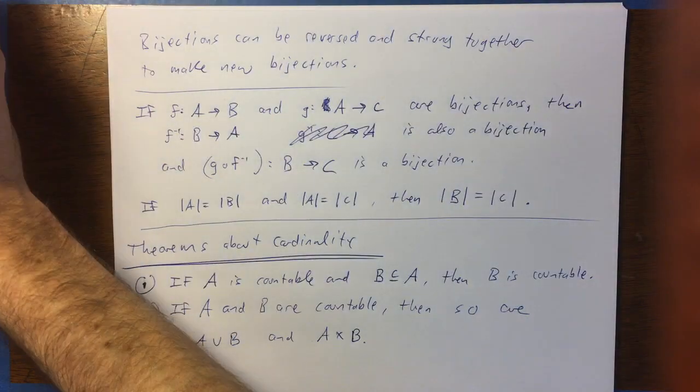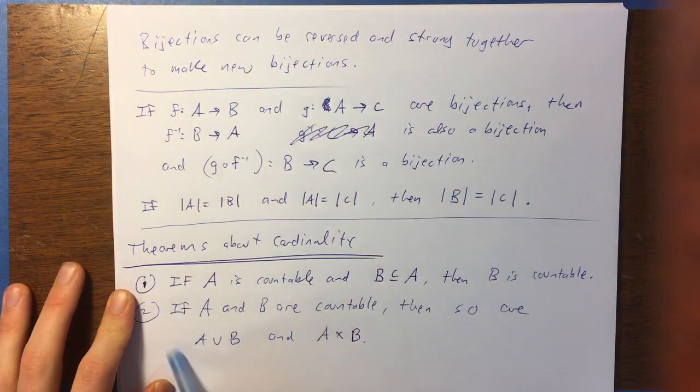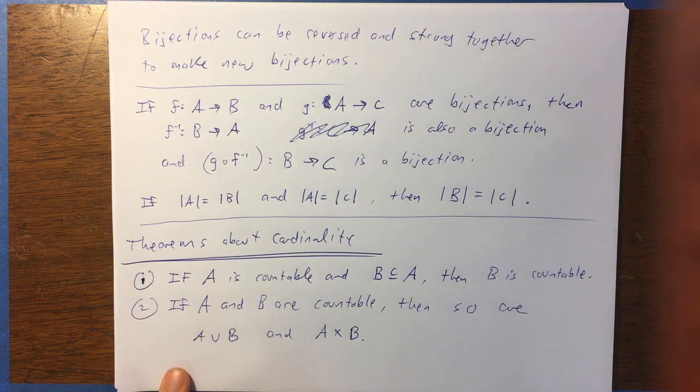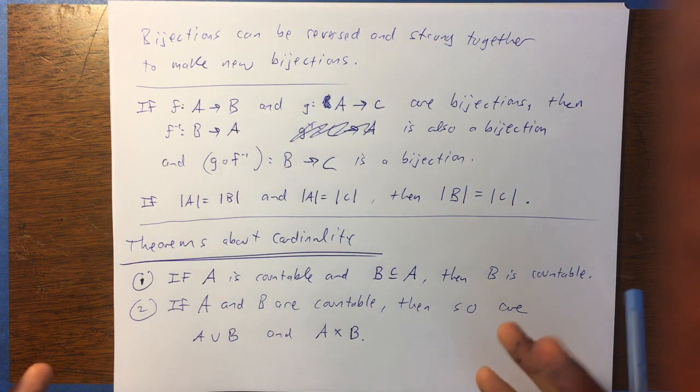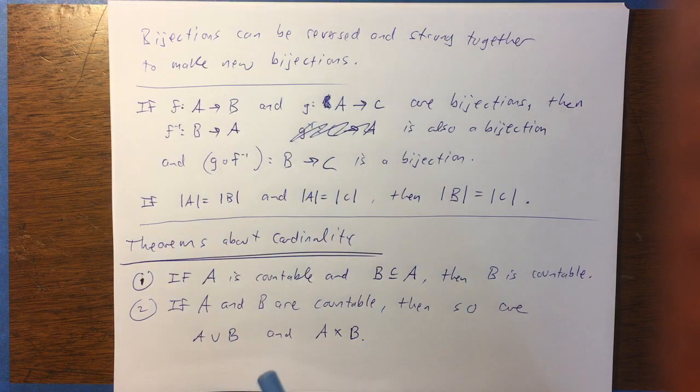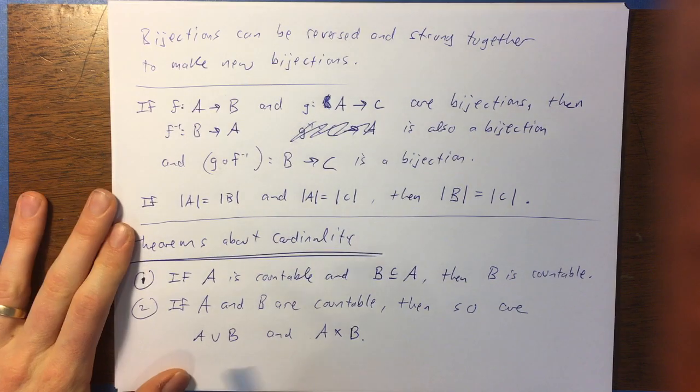You can use that idea to prove this as well, because you can map all your even numbers to the elements of A, and all your odd numbers to the elements of B. That makes a nice systematic way of counting everything in A as well as everything in B. It's not quite as simple as that because there could be overlap between the two sets, but that at least gives you an idea of why that might work.